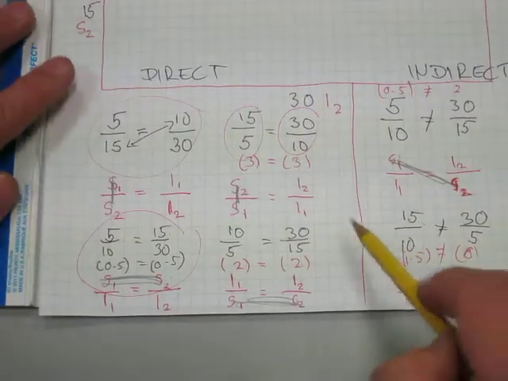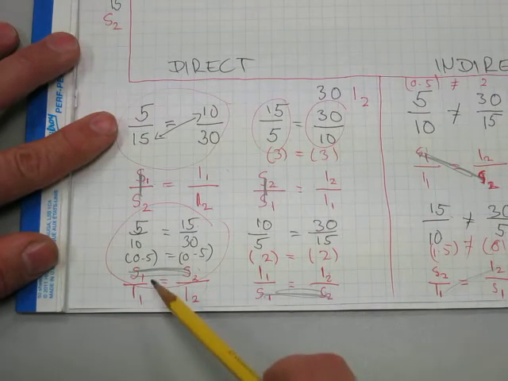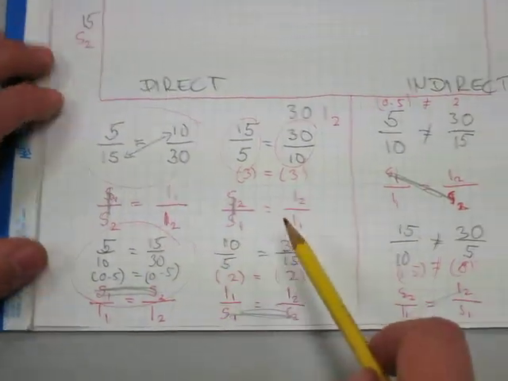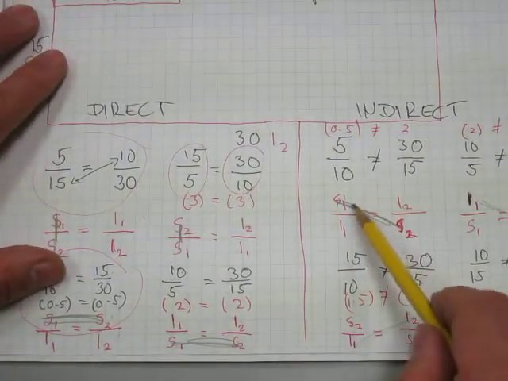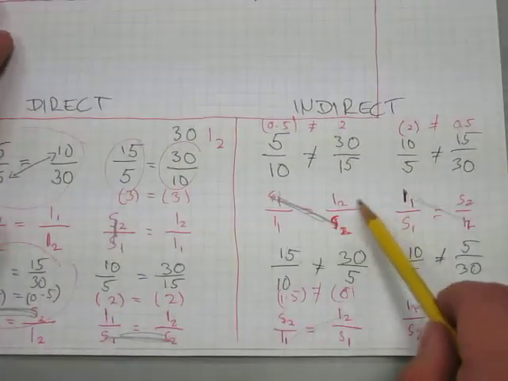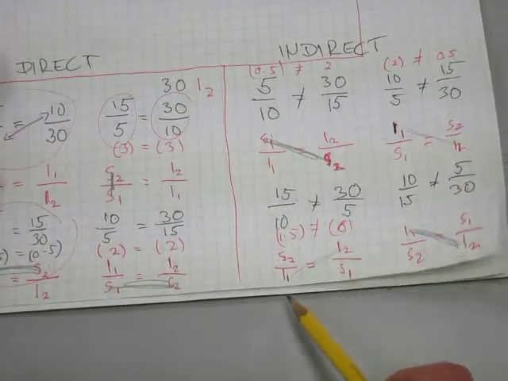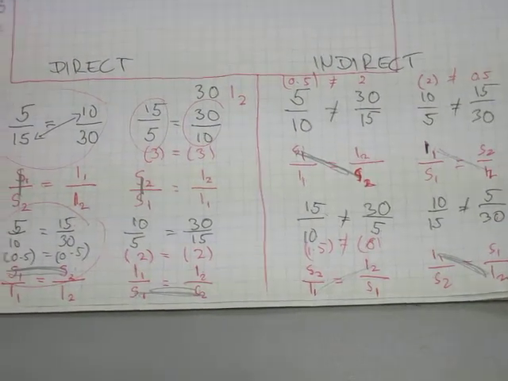Also notice that whereas the 1s and 2s read vertically here and horizontally here, in these ones, the 1s and 2s also read vertically nicely or horizontally nicely. So you can't really go with the 1s or the 2s.